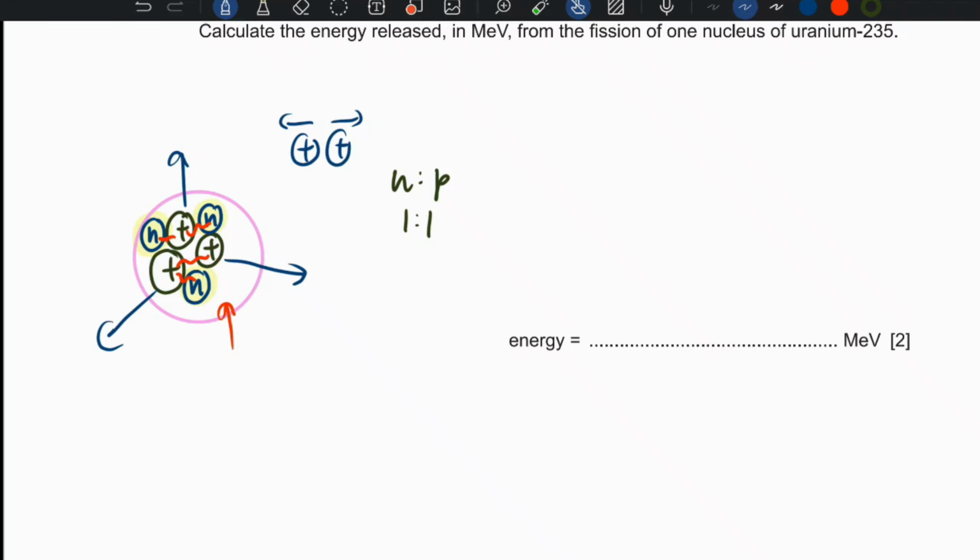So for lighter nuclei, it's around 1:1, while heavier ones tend to have more neutrons than protons, but not too many. They have more neutrons than protons because heavier nuclei means you have a higher number of protons as well, right? So if you have a higher number of protons, you need a higher number of neutrons as well to counteract the proton repulsion. Am I right? Yes. But there is a limit.